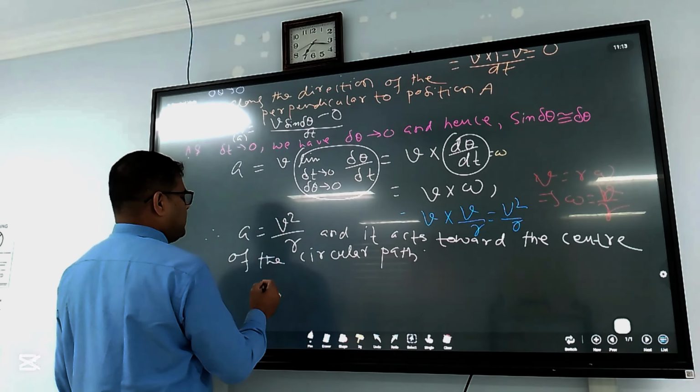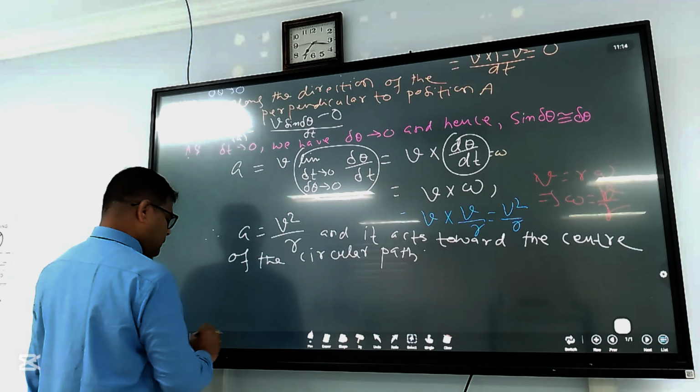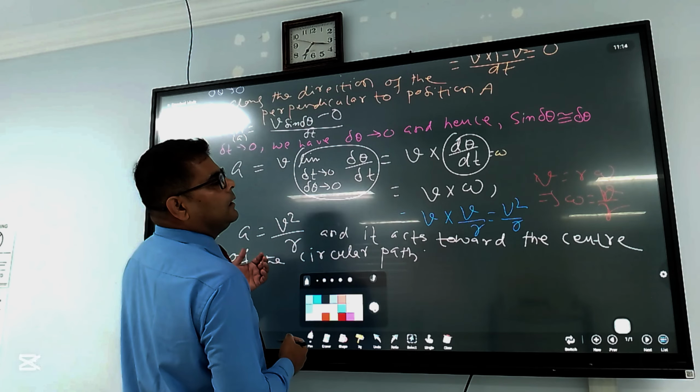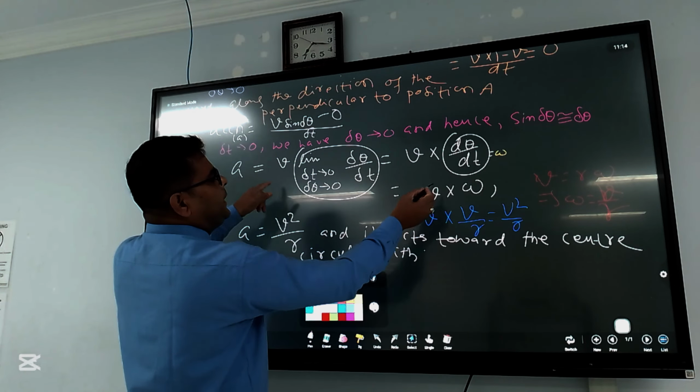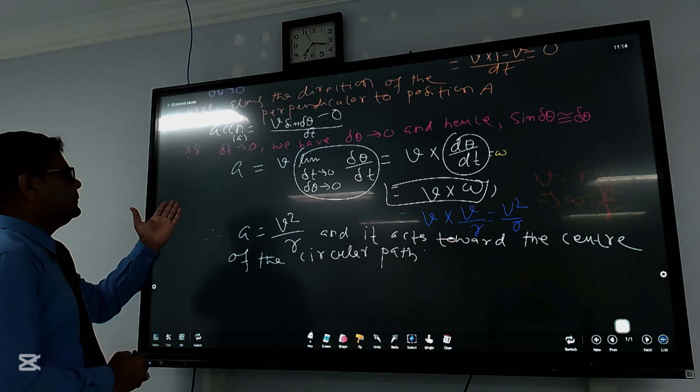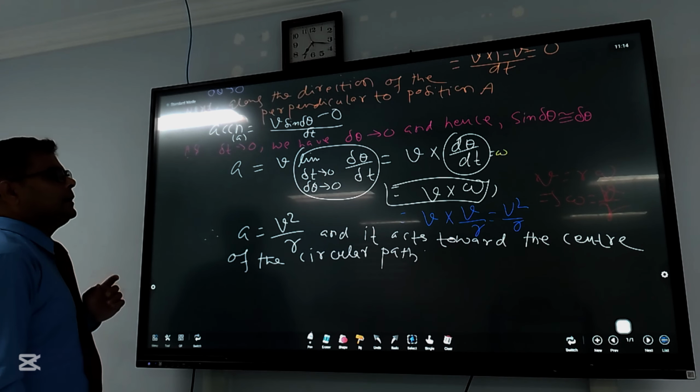And you have also seen that A equals V omega. This is also a formula for the centripetal acceleration.